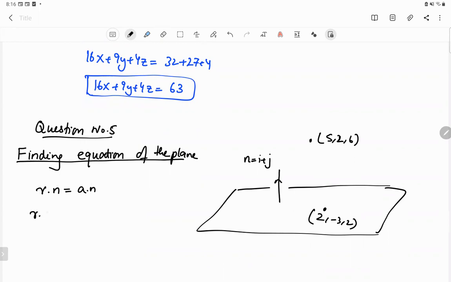And n is i plus j. And a is 2i minus 3j plus 2k, dot n, i plus j.